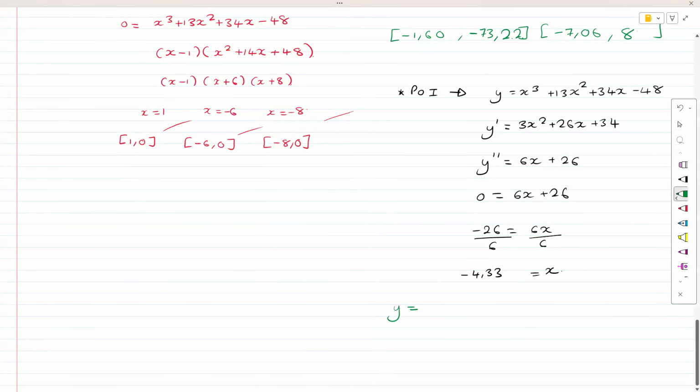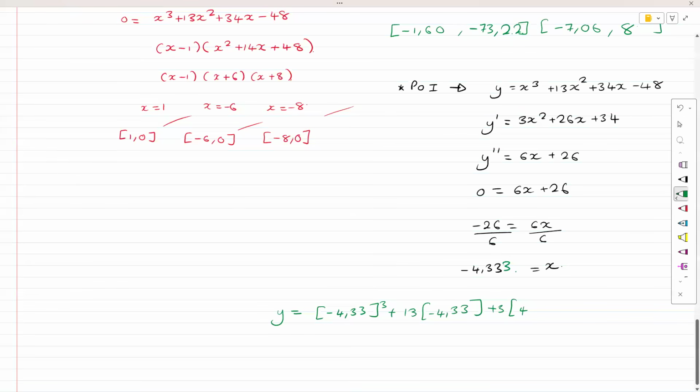If I substitute minus 4.33, this is 3 recurring, right? If I substitute this into there, what do I get? I got 424,14. That's a very, very high number, but I'm not saying you're wrong.